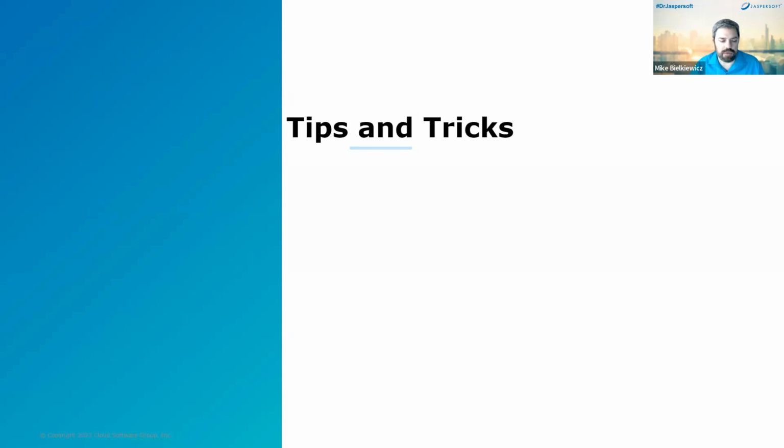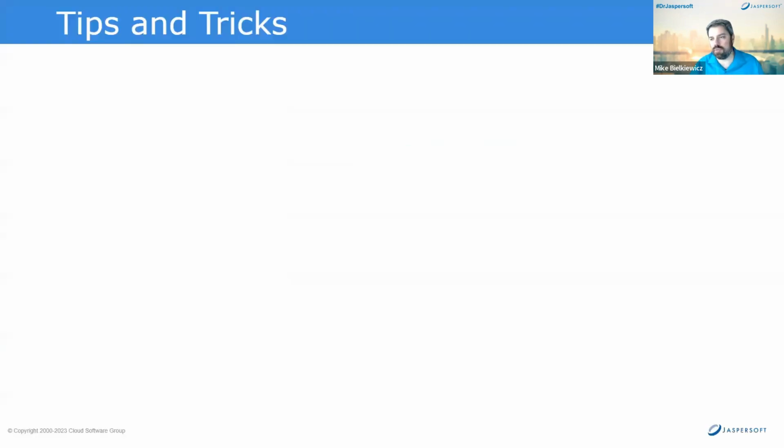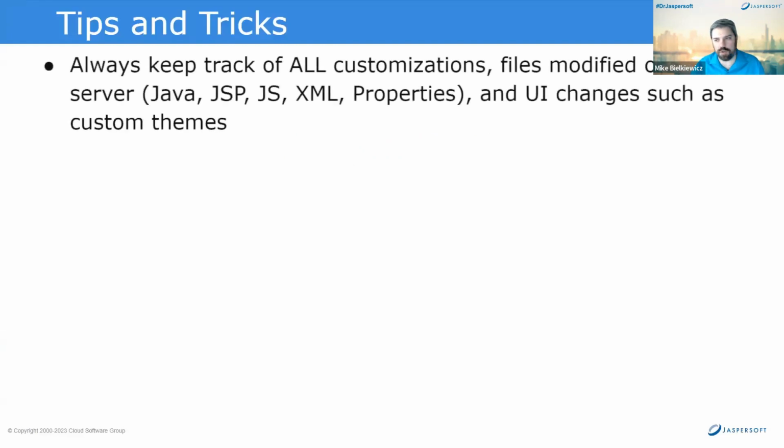So, all right, let's talk a little bit about some tips and tricks, just basic things. We already mentioned this first one a little bit, but it's really important to mention, especially when you have customizations in place. And most of our clients, especially those that work with us in customer success, have some sort of customizations in place. So we really encourage people to make sure they always keep track of all customizations, any files you've modified on the server, if you've modified Java files, which means new jar files or class files, if you have JSP changes, JavaScript changes, XML changes, property files.